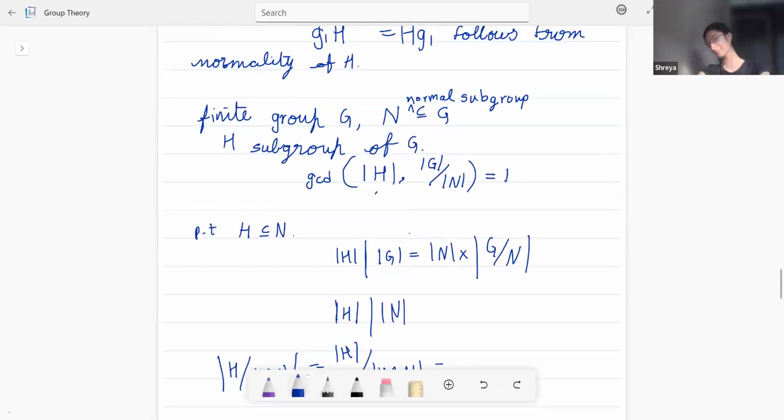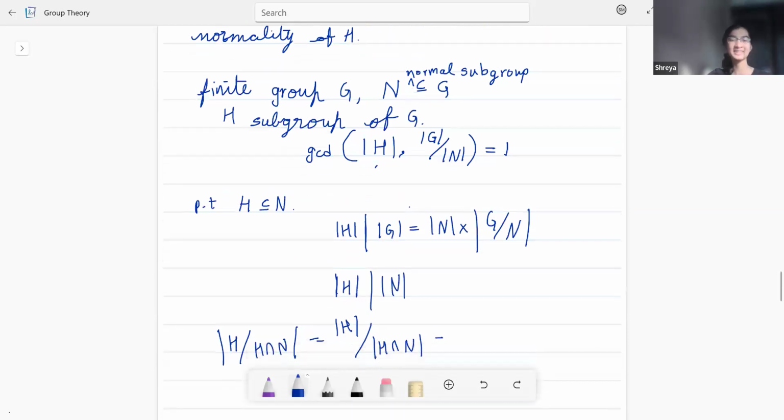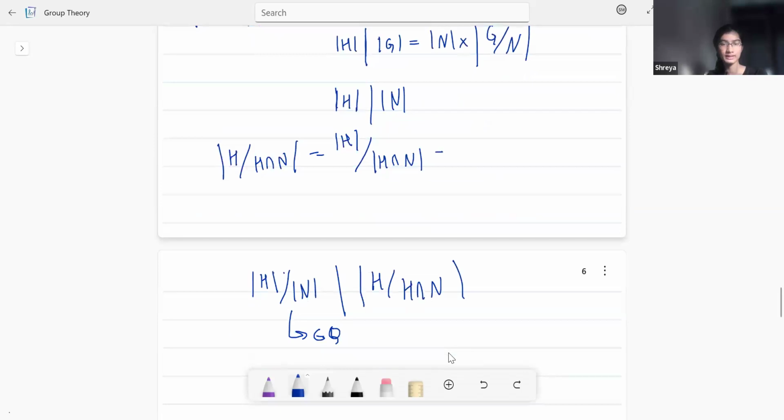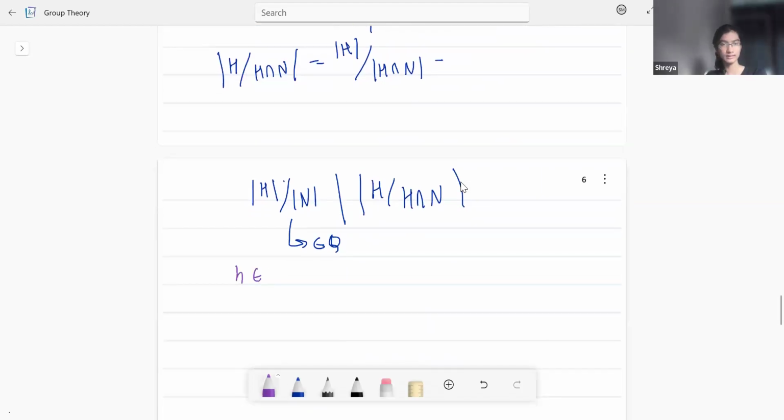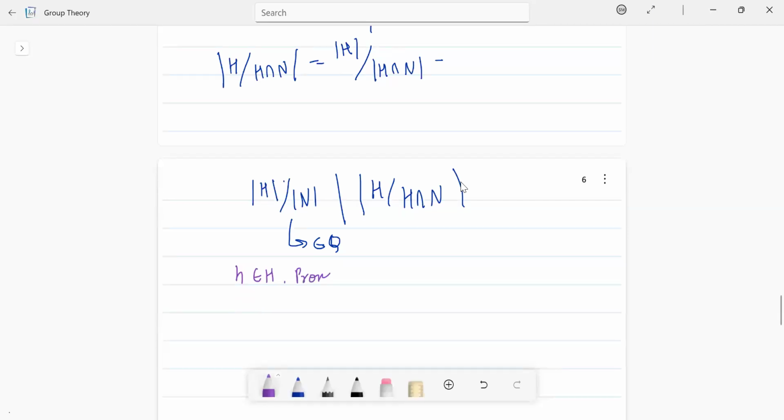At some point you'll have to stop counting cardinalities and start doing stuff with actual elements. The proof subgroup. If you want to prove subgroup, the only thing you can do is take an element of H and try to prove that it belongs to N. Do something with it and prove that H belongs to N. Why can't we make a group which is of G by H?